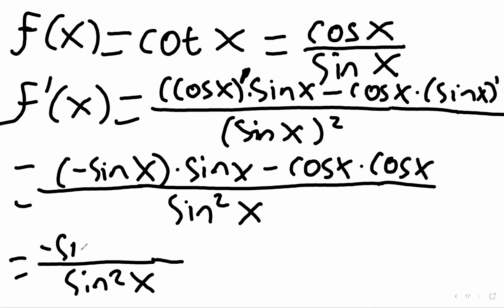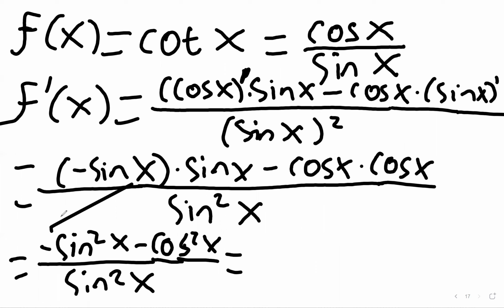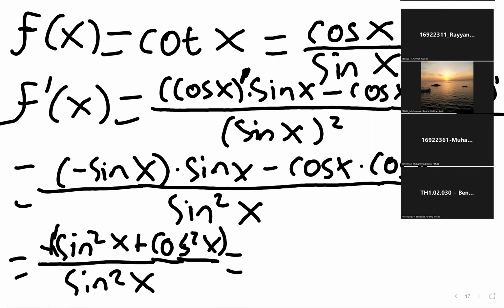Okay, I will have minus sine square of x minus cosine square of x. Or I can write it as minus of sine square of x plus cosine square of x. So what is sine square of x plus cosine square of x, Benedict? Cos 2x, I think. Sine square of x plus cosine square of x is? Oh, that's minus.